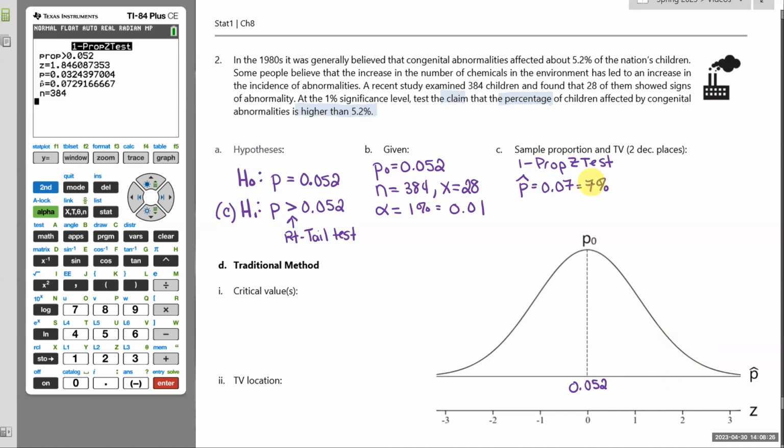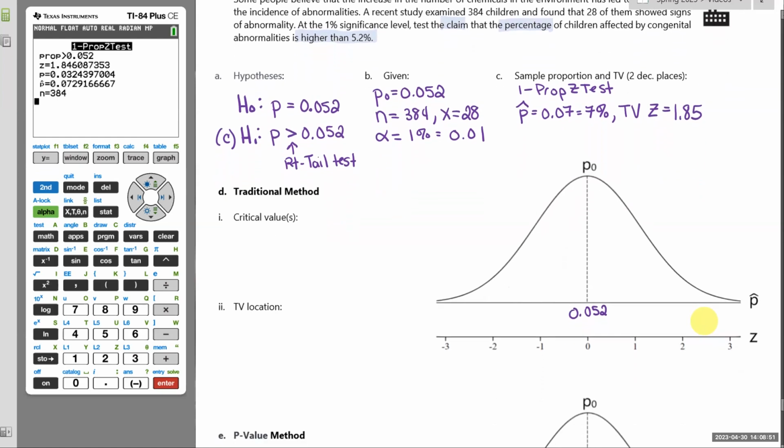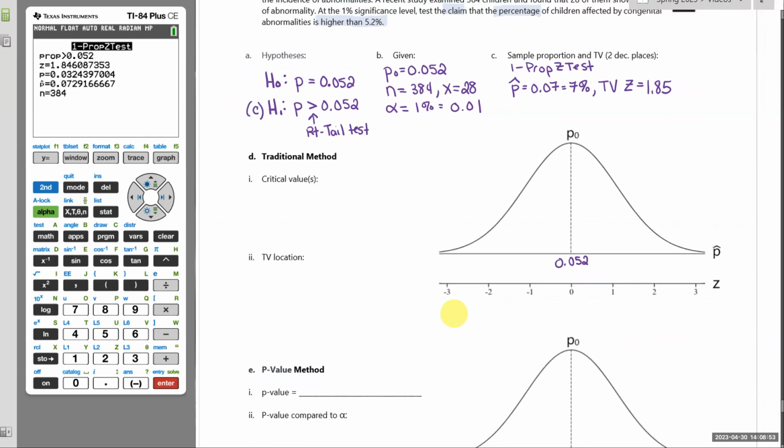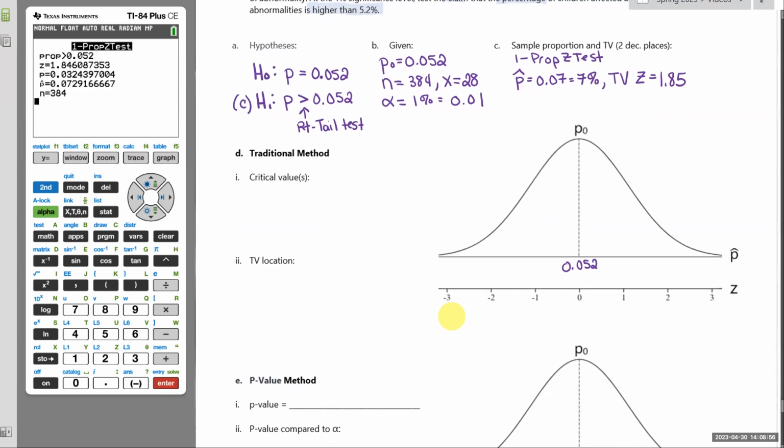The question is, is it high enough to really convince me that the 5.2% is the incorrect population proportion? To determine where 7% is on this graph, we graph its corresponding test value, and that z-score to 2 decimal places is 1.85. And then we'll be able to graph that and draw some conclusions.